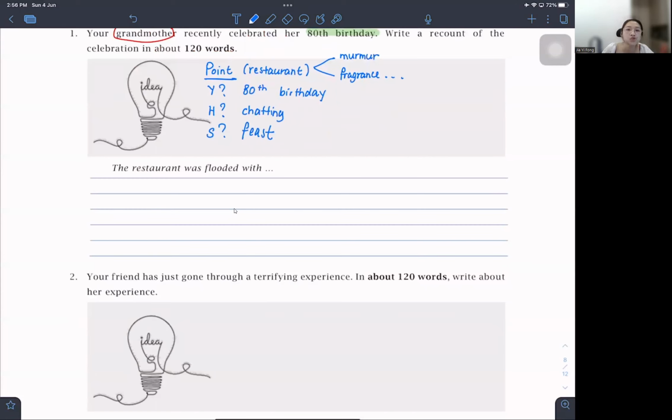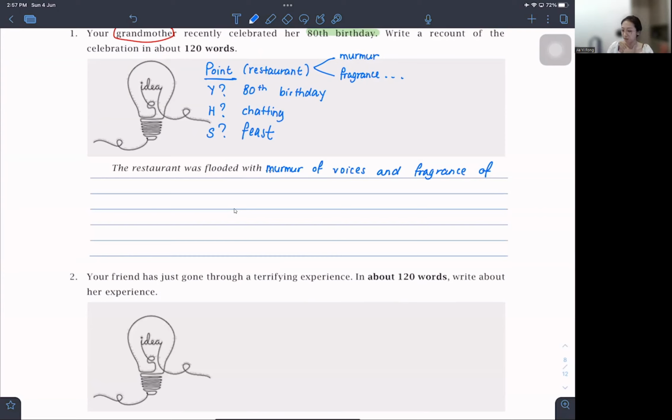Come, the restaurant was flooded with, and then I continue, murmur of voices and fragrance of. Okay, suddenly I think of a very, very mean descriptor. Okay, let me think. How do I want to write first?